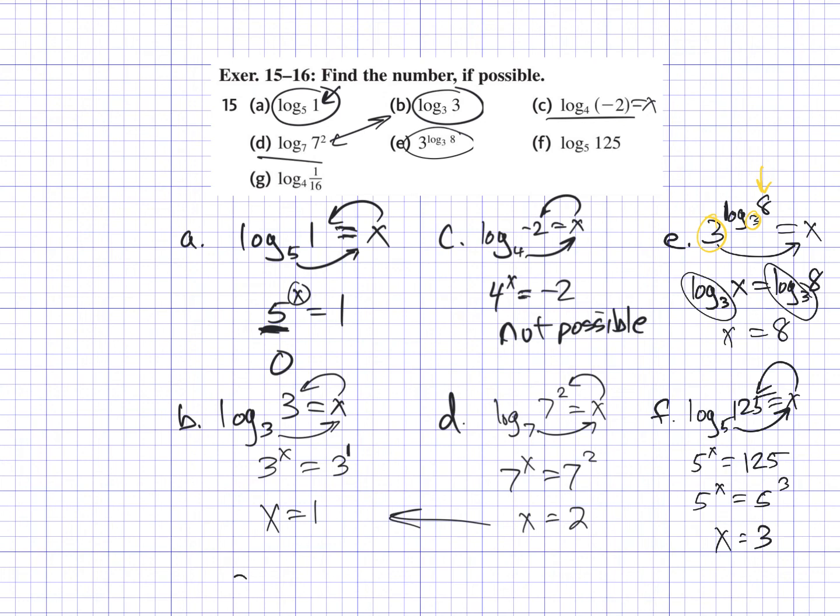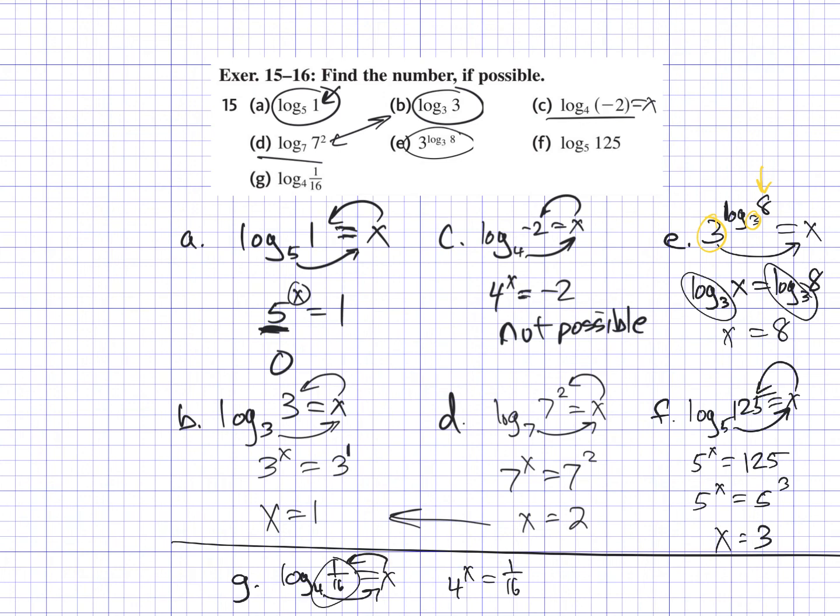And let's do G down here, okay? Log base 4 of 1 over 16 equals x. The whole point is that we try to make our bases the same, but we'll do that at another time shortly. So 4 to the x is equal to 1 over 16. Okay, 16 is in the denominator, so we could do 1 over 4 squared.